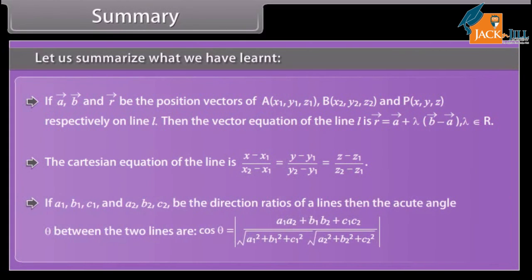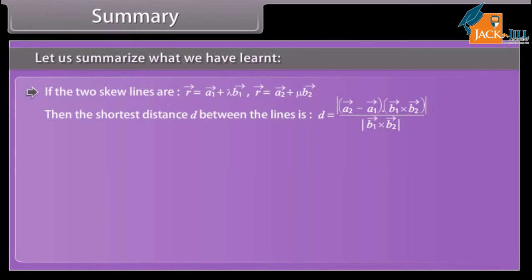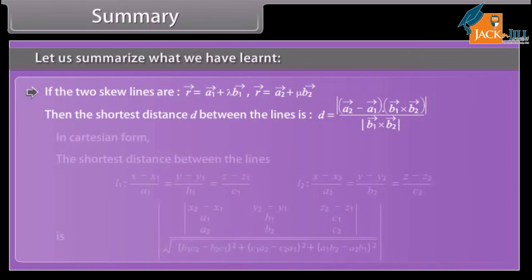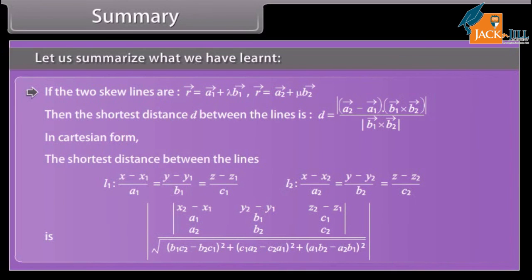If a1, b1, c1 and a2, b2, c2 are the direction ratios of two lines, then the acute angle theta between the two lines is given by. If the two lines are skew, then the shortest distance d between the lines is given by; in Cartesian form, the shortest distance between the lines is given by.